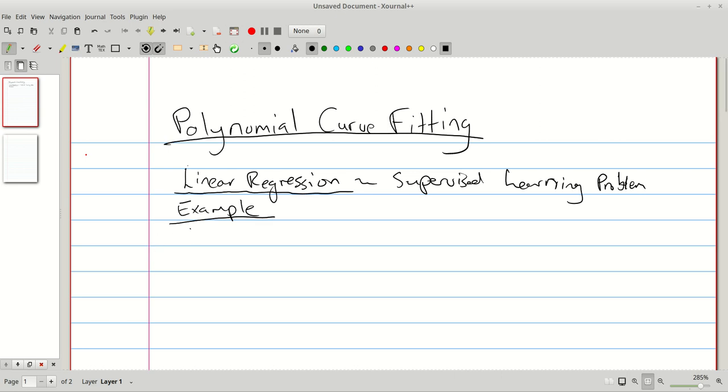So you're given a training set. If you remember, in the previous lecture we introduced the concept of a training set. This is X, which is essentially X1, X2, all the way up to Xn. And then we have T, which is the target, T1, T2, up to Tn.